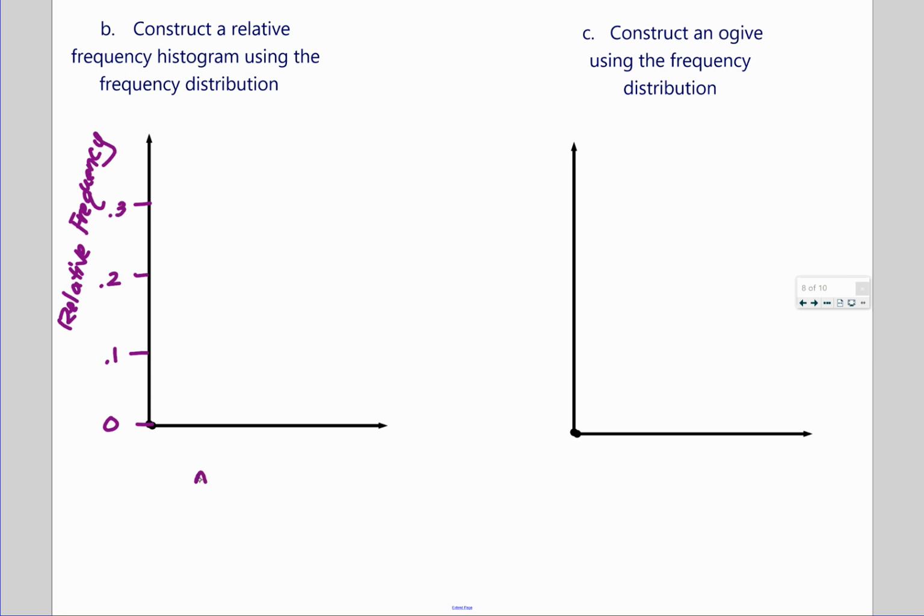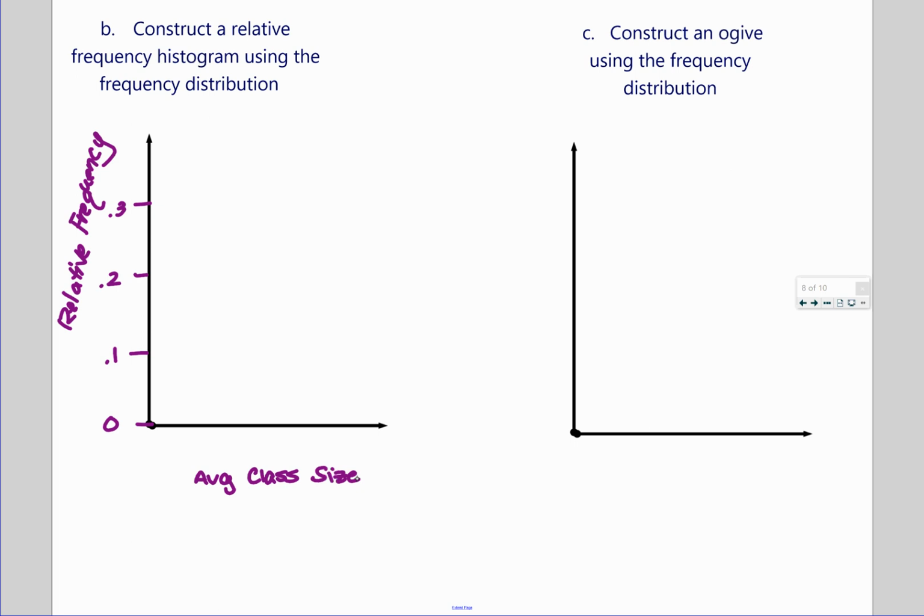This was average class size. So that's what I'm going to label my horizontal axis. And this is where you can decide what works best for you as far as the ends of the histogram go. When I make a histogram, because the bars touch, I like to use the class boundaries, because if I use the class boundaries, those are going to be the edges of my bars, and that'll ensure that where one stops, the next one begins.